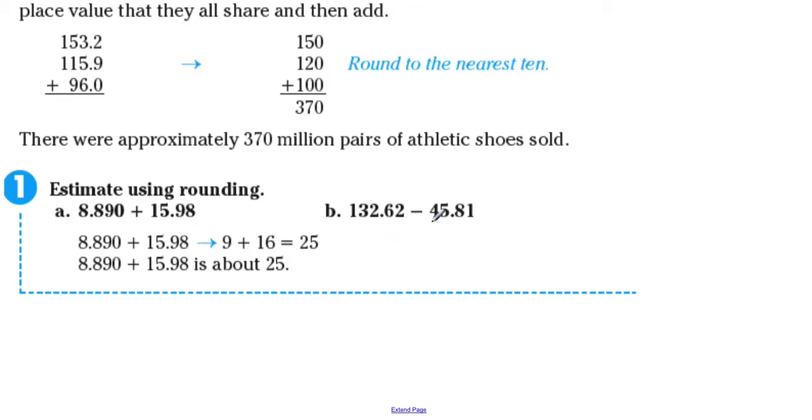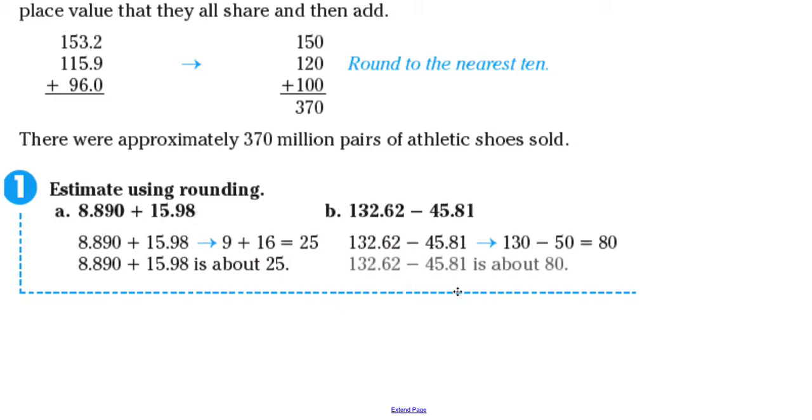In this case, that is the tens place, so we round to the tens place for both numbers. 132.62 rounds to 130, and 45.81 rounds to 50, because that is the greatest place value position both of these numbers share. So the answer is about 80. When you subtract those two numbers, the answer would be about 80.